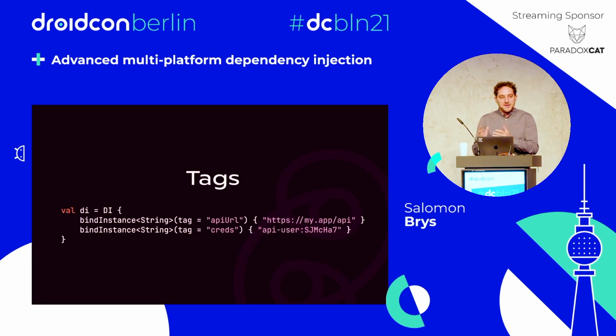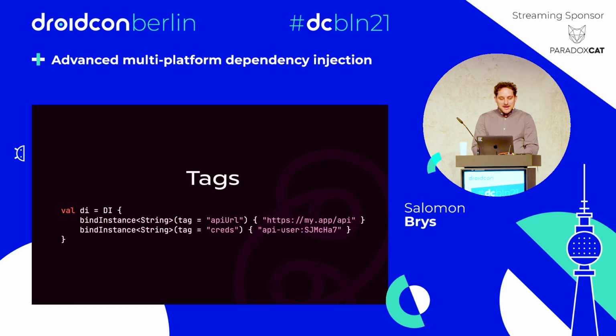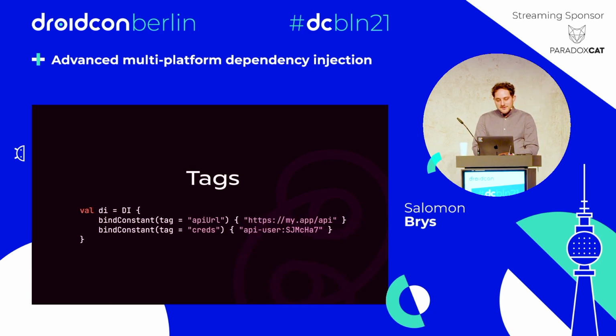I want the API URL string, or I want the credentials string. Now, this particular use case is covered by the bind constant function, which is actually the same as bind instance. The only difference is that bind constant requires you to use a tag, and is usually used for strings and other types of constants, such as doubles, long, etc.